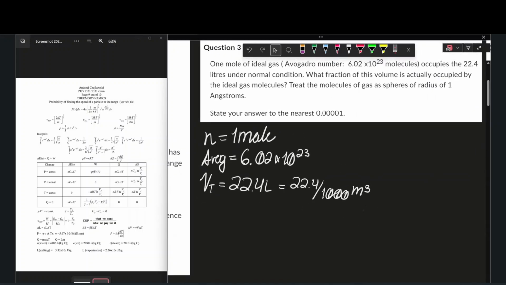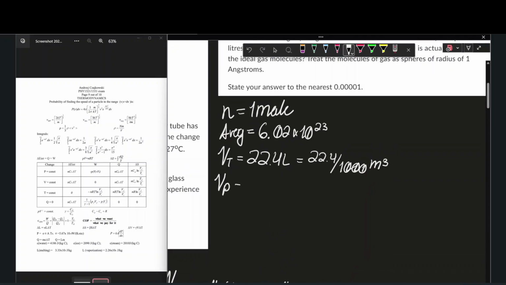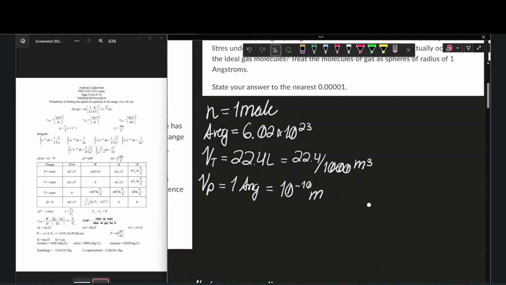As well, we know that the radius of each particle is 1 angstrom, which is equal to 10 to the negative 10 meters, because it's the radius of each particle.